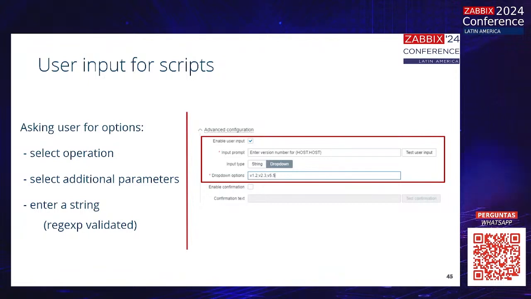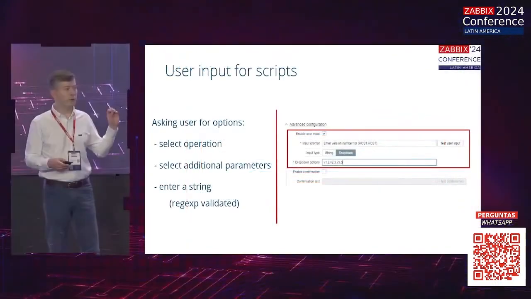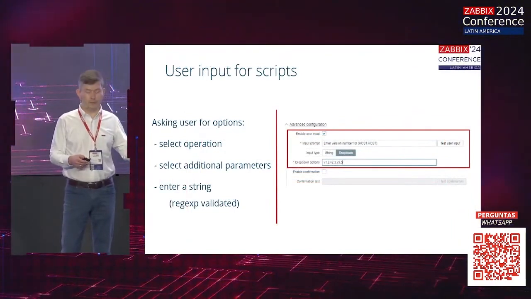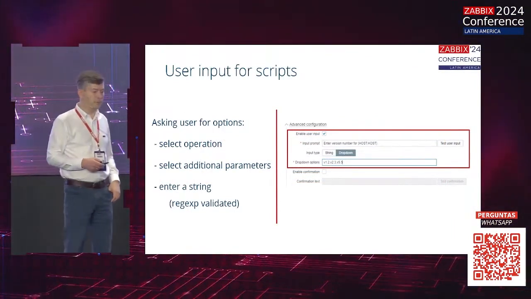After 1 minute, after 5 minutes, or after 10 minutes? So now it's possible to ask the user before executing some script what exactly you would like to do. This is also a small functionality, but very, very useful.